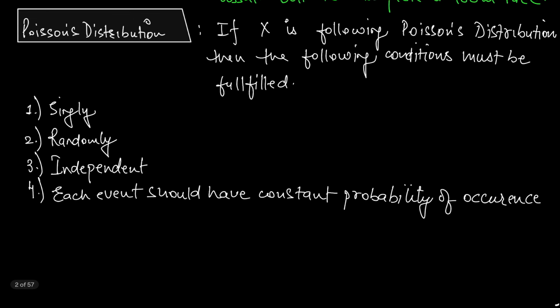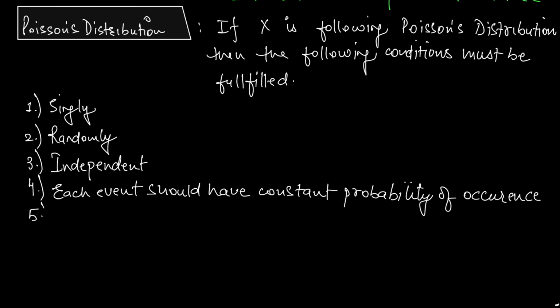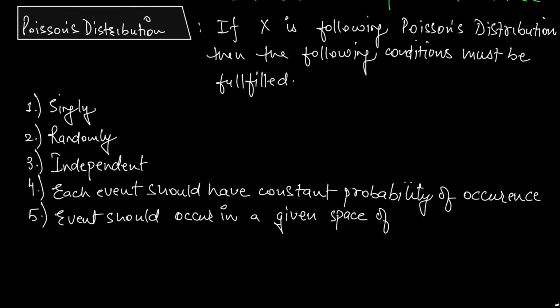And the last one is, events should occur in a given space of time. So these five are the necessary conditions for an event to be a part of a Poisson distribution.